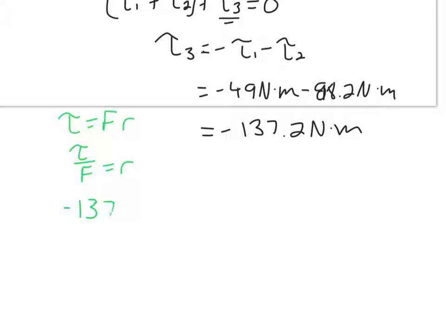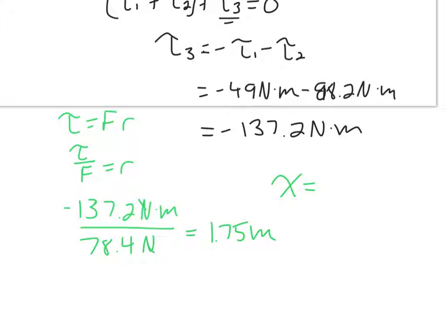Negative 137.2 newton meters divided by 78.4 newtons equals, let's see, 1.75 meters away. So x equals 1.75 meters. To 1 sig fig, x is about 2 meters away.